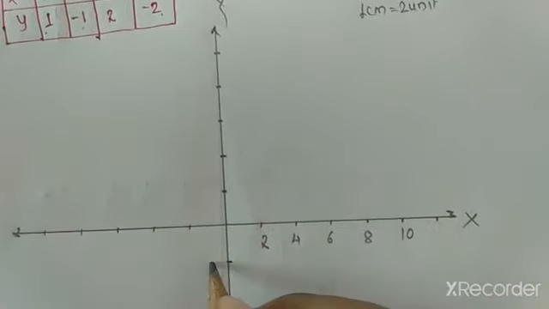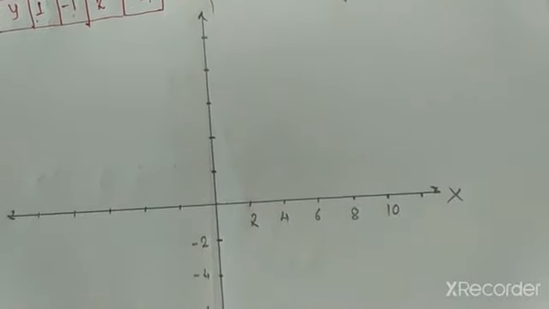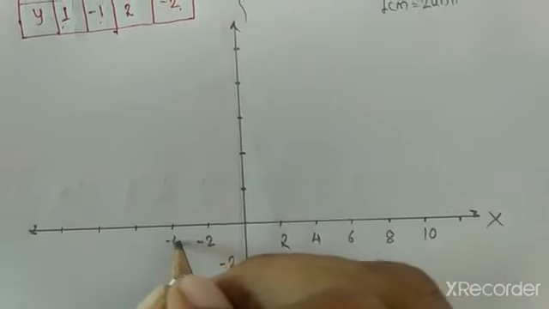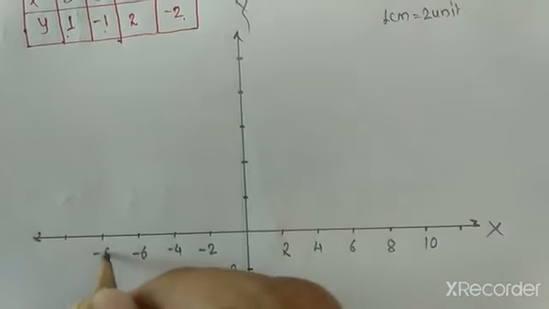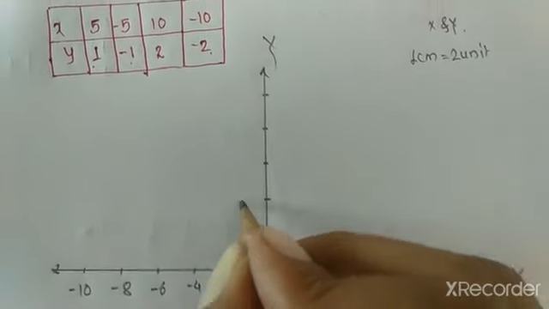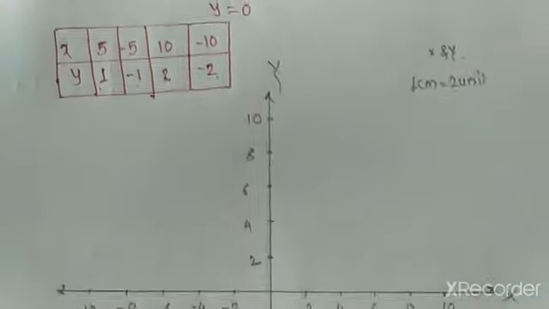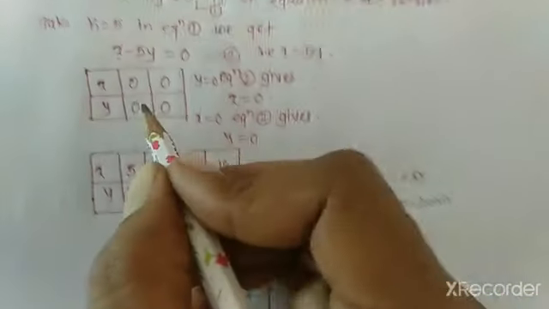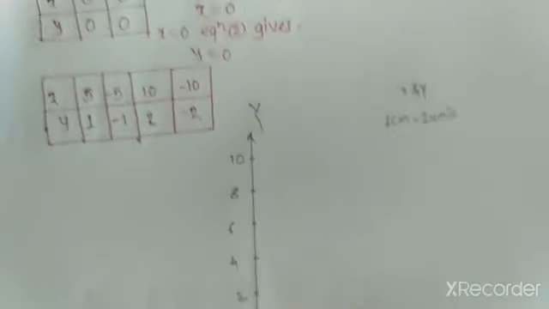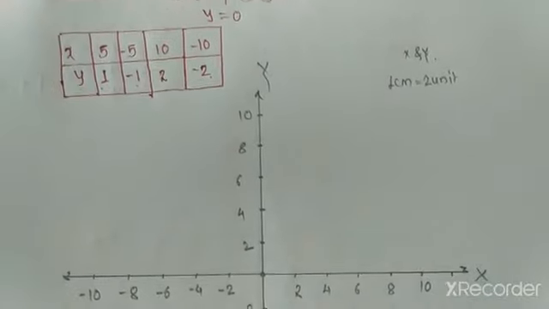Here also minus 2, minus 4, minus 6, minus 8, minus 10, and for the other axis minus 2, minus 4, minus 6, minus 8, minus 10, and 2, 4, 6, 8, 10. Now here for the origin, x is equal to 0, y is 0. So the first point is the origin, 0, 0.